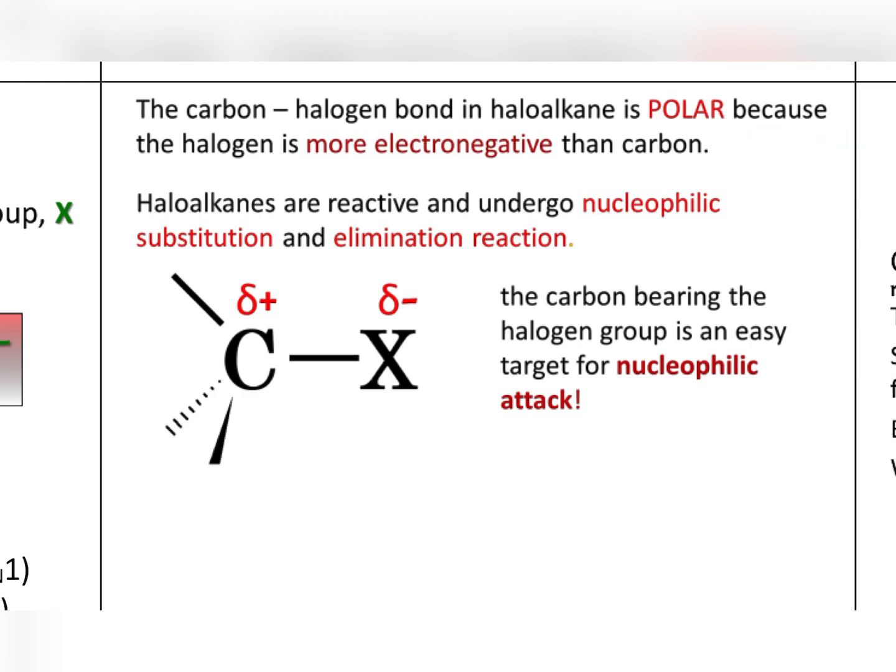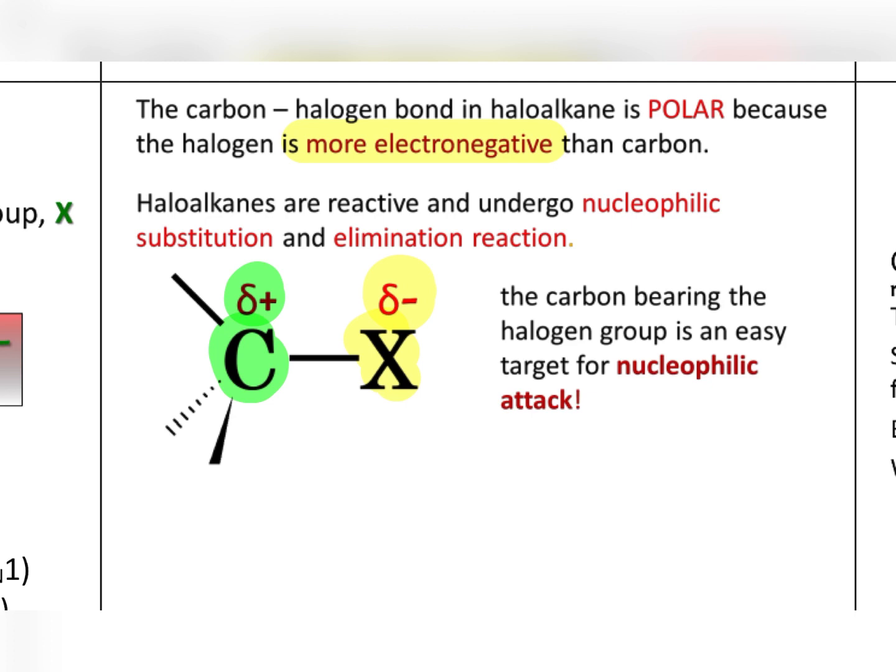Okay, you can see the differences. So in this case, dekat part halogen, it will be more electron. So, dia akan jadi partially negative, more electronegative than carbon. So, the carbon side here, it will be more positive.